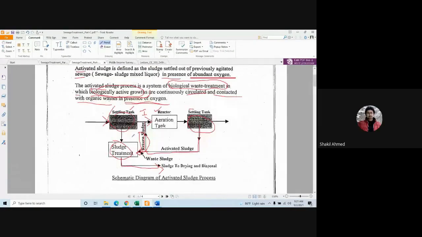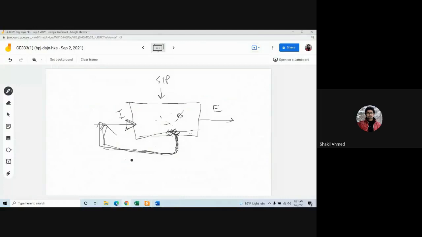Okay. And this process requires a lot of oxygen because this happens in the presence of air. Like this is organic matter plus oxygen in the presence of microorganisms.